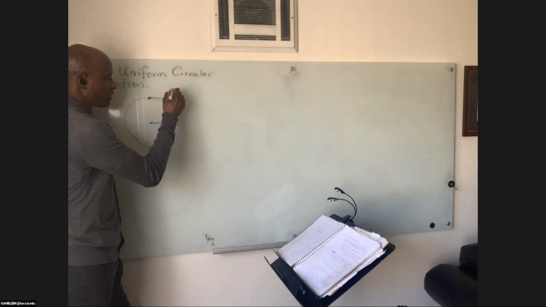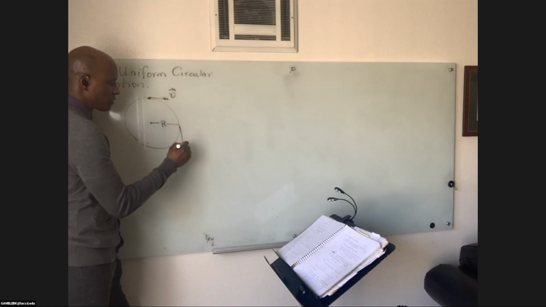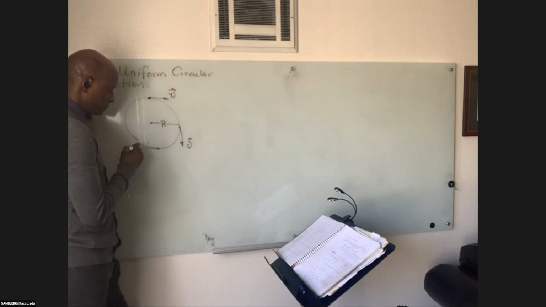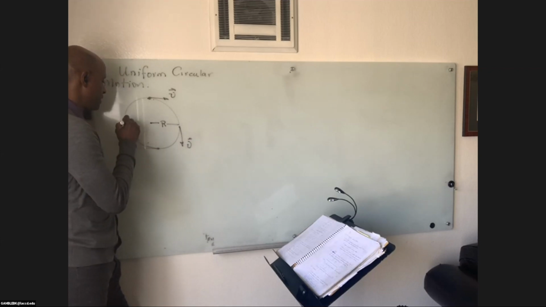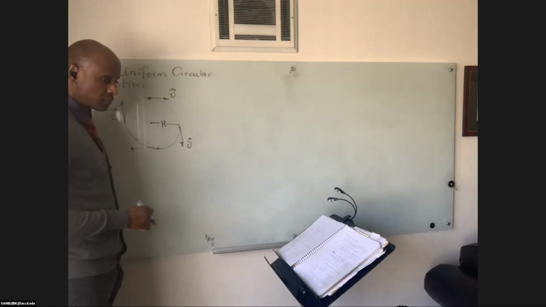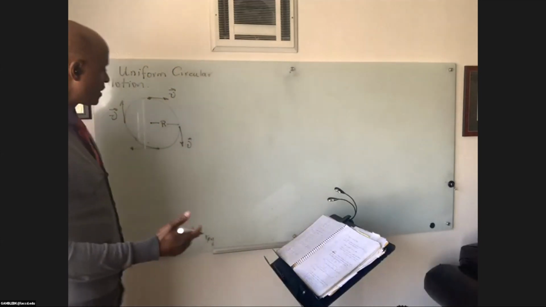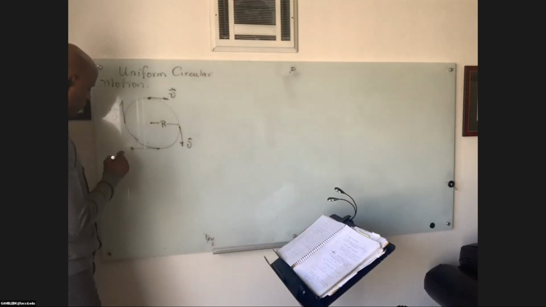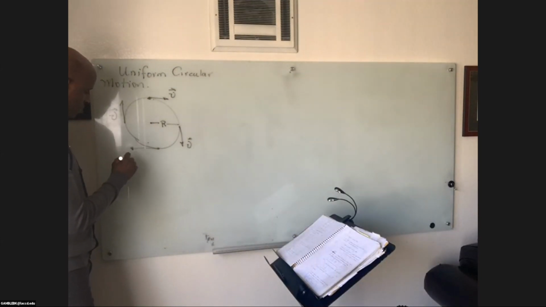We saw that when we looked at motion in a curved path. So the velocity is changing because the direction is changing. However, the magnitude of the velocity is not changing, so the speed is constant. Speed constant, velocity changing.